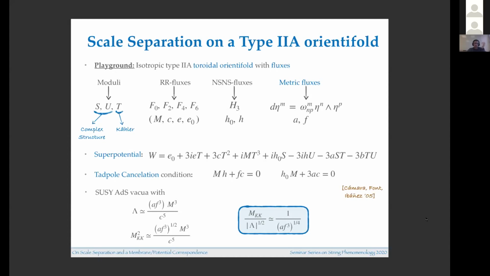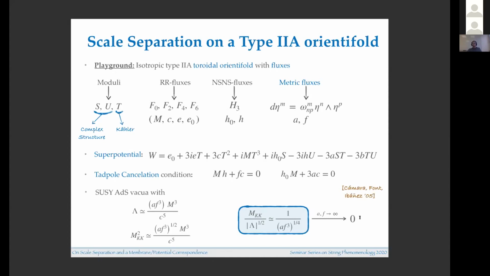And now one could say, okay, since these fluxes are unconstrained by tadpoles, one could try to make them very big, and it turns out this quotient goes to 0. So it seems not to fulfill the anti-de Sitter distance conjecture, because this should be equal to 1 in that limit. Sorry, this is the limit in which this goes to 0.